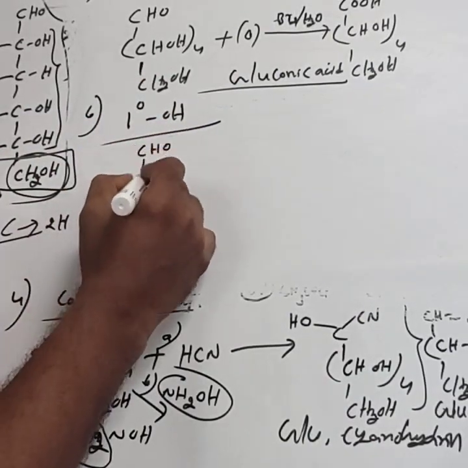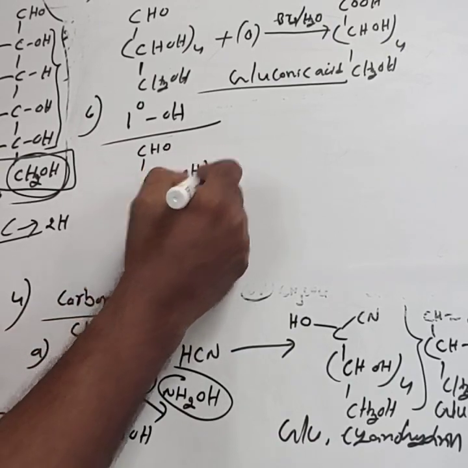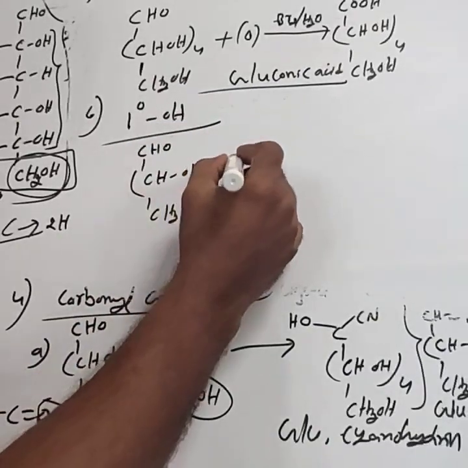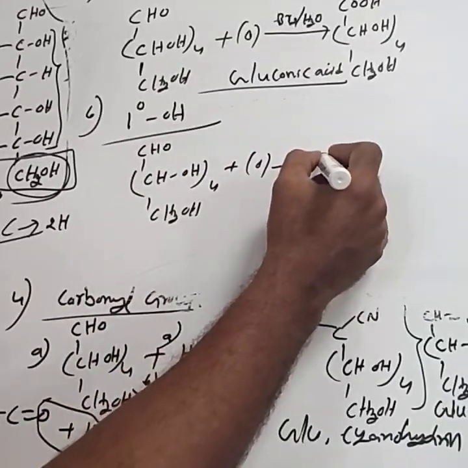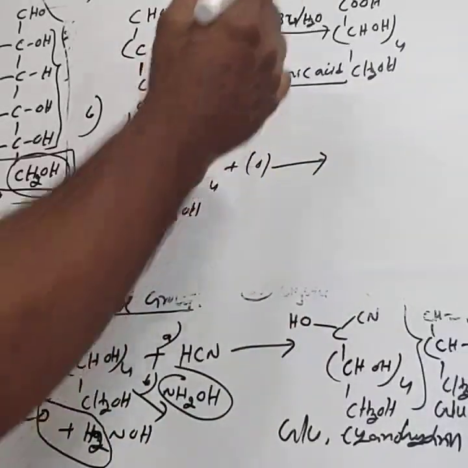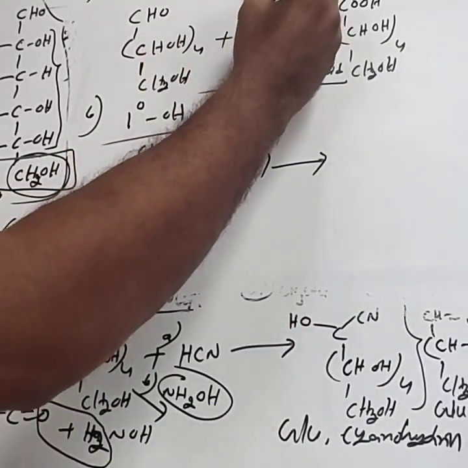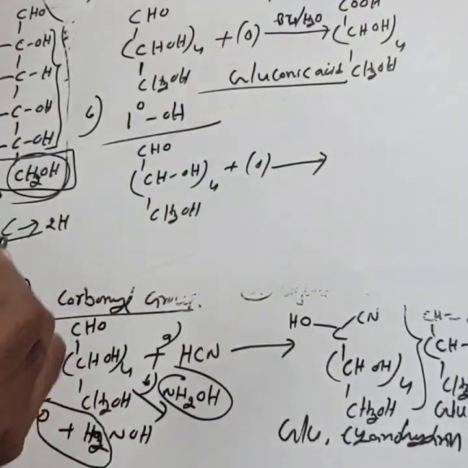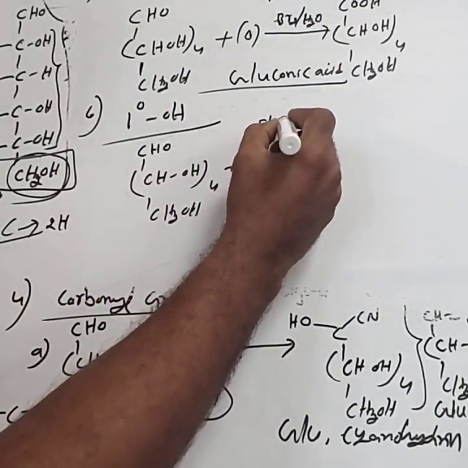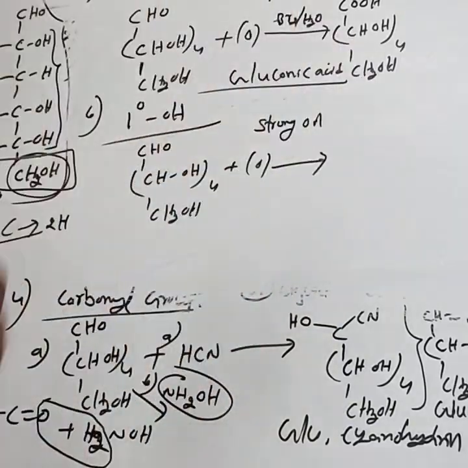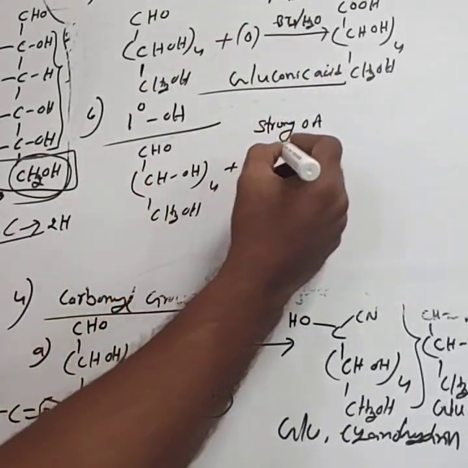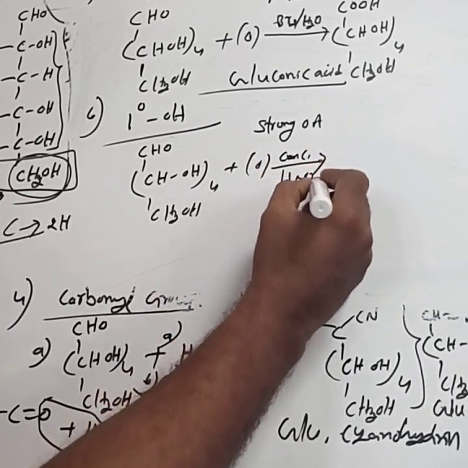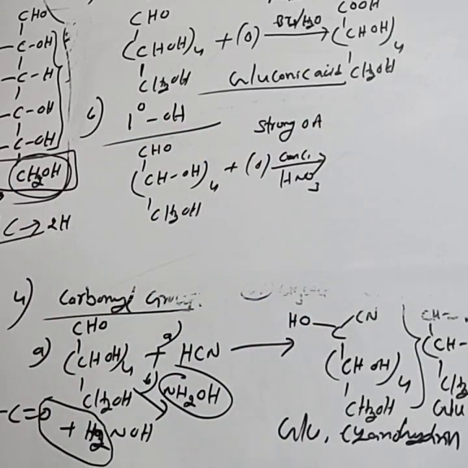Glucose, CHOH4, CH2OH. Again, glucose on oxidation by a strong oxidizing agent. Here bromine water is the mild oxidizing agent. Now consider the strong oxidizing agent, for example concentrated HNO3, concentrated nitric acid.